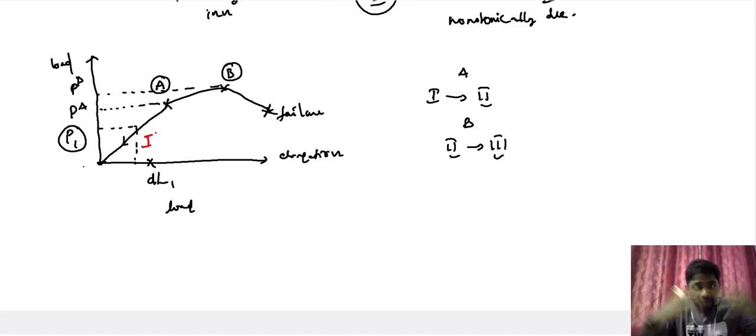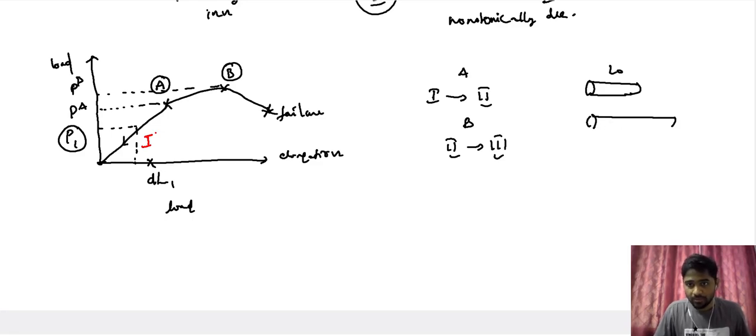Now, when you unload it, so you have your sample, and this is the length of the sample, and now you are imposing a uniaxial load of P1, and now the size of the sample is the original size plus the elongation. So this is your original sample.